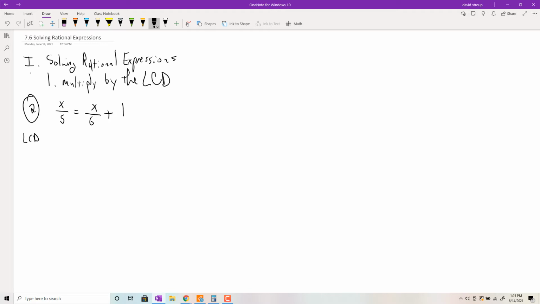But you could also think of it as the smallest number that's divisible by the denominators. You need something divisible by 5 and divisible by 6, and the least number that has that characteristic is 30. So that's going to be the LCD, and I need to multiply both sides by this.